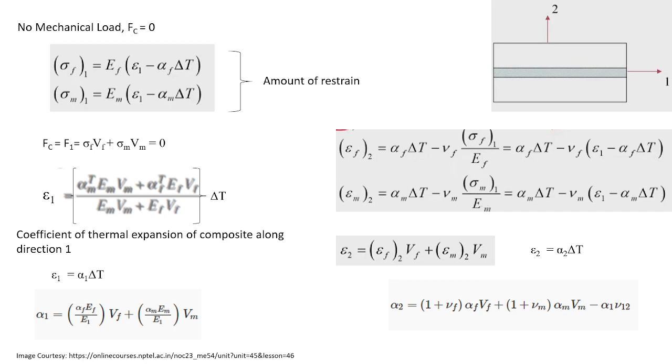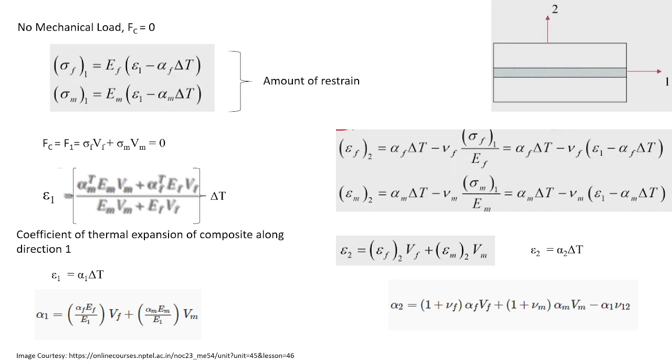The stress on the fiber can be equal to E_f, the modulus of the fiber, times the strain in one direction. But also, because of very good contact between the matrix and the fibers, there is some restraint on the matrix, which can be defined as alpha_f delta T E_f when the fibers are in the free condition.